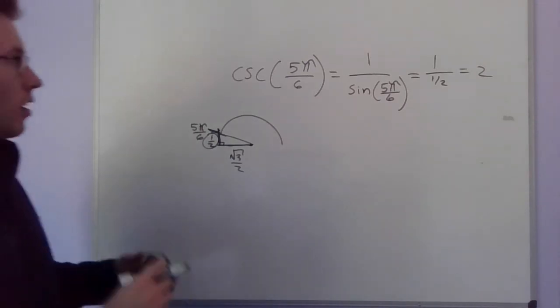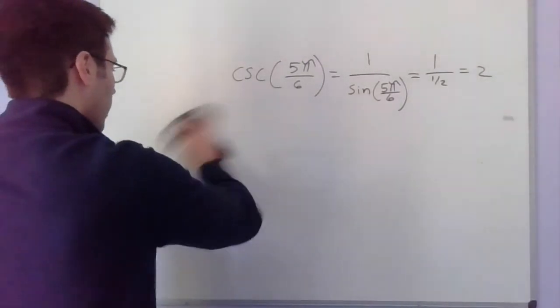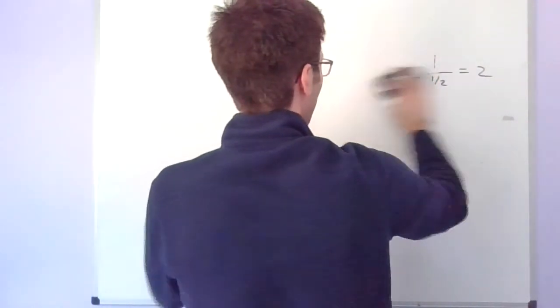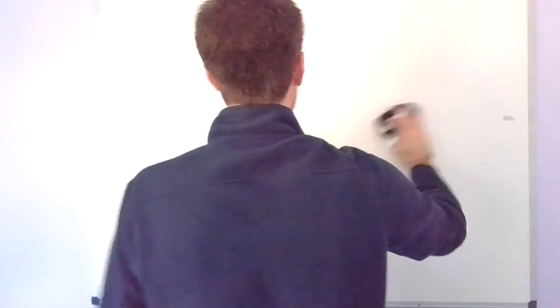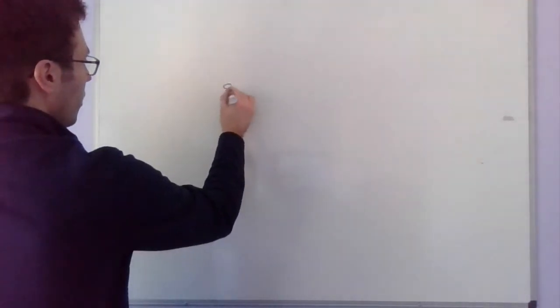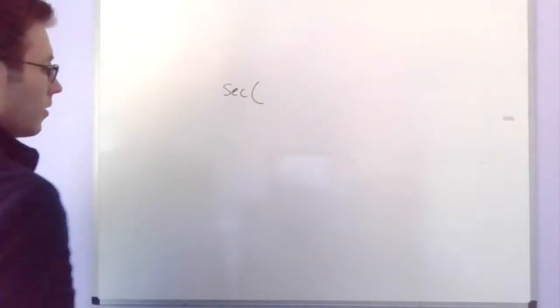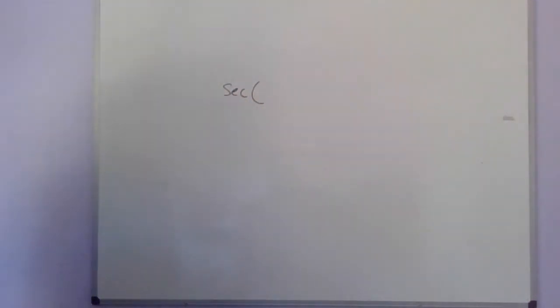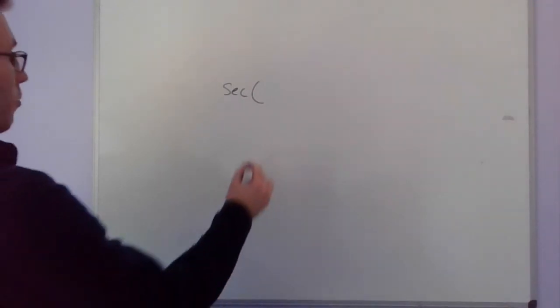And then I'm going to talk about one more, and then I'll be done with this video. Let's talk about secant of 5 pi over 4.